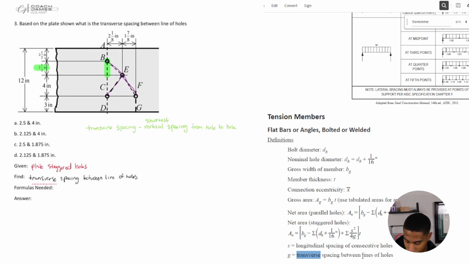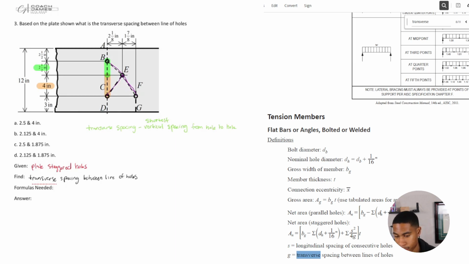What about from E to C or from E to F? Here or here, 4 inches. So just remember, transverse is always your distance from the vertical. It's the shortest vertical spacing from hole to hole. Why am I talking about this?